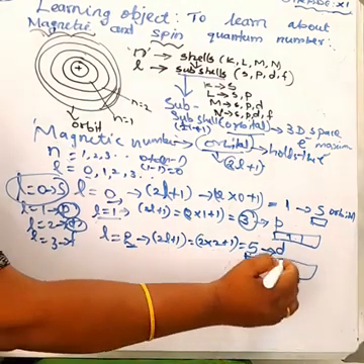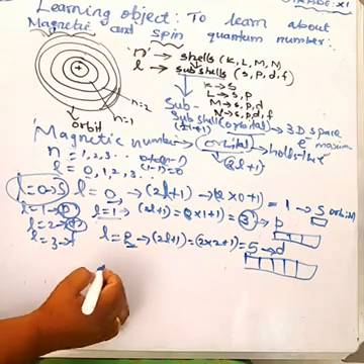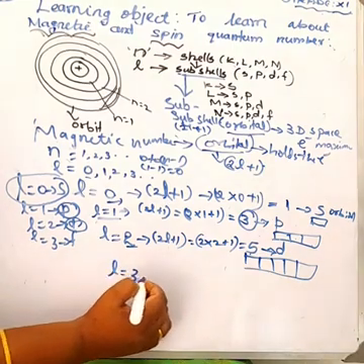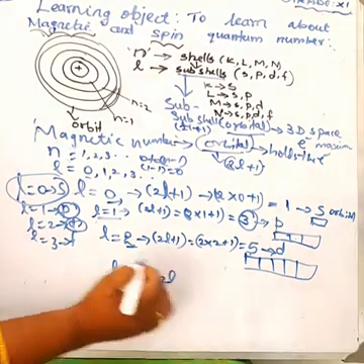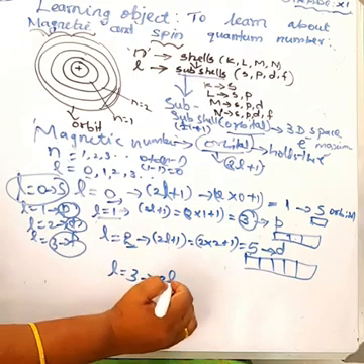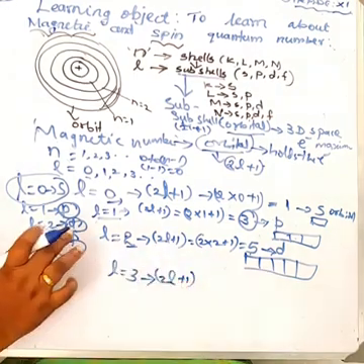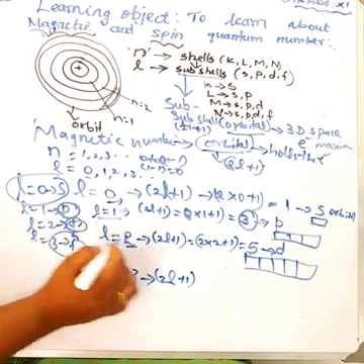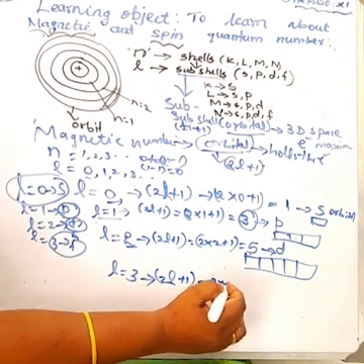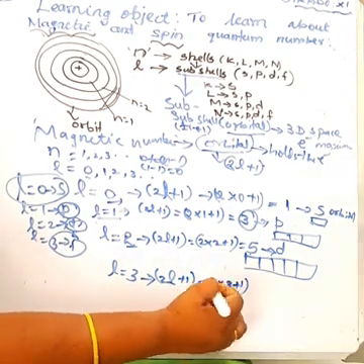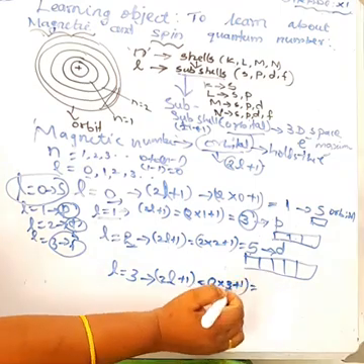And then when L is equal to 3, which subshell is it? The F subshell. In this F subshell, what is the formula we are using? 2L plus 1. 2 into the L value 3 plus 1 is equal to 2 3s are 6, plus 1, 7 orbitals.